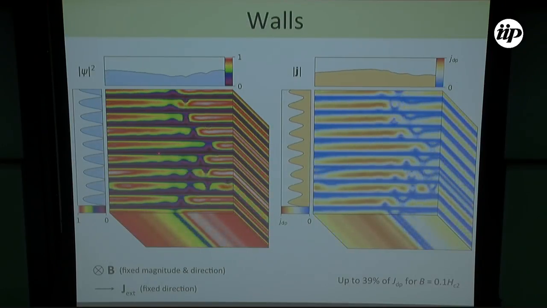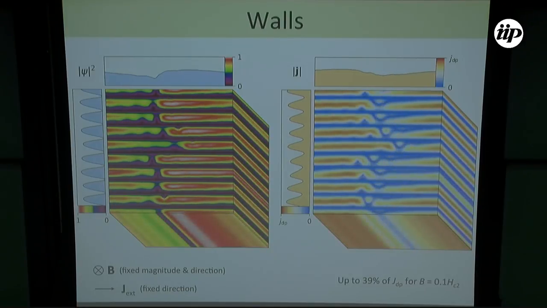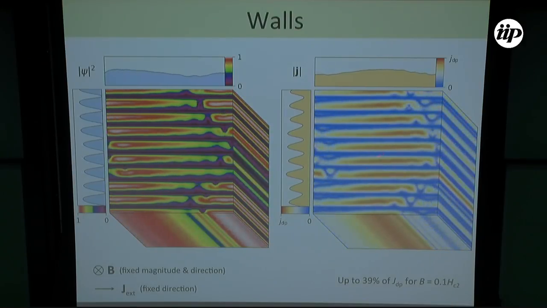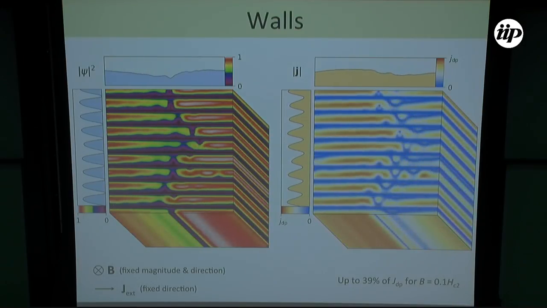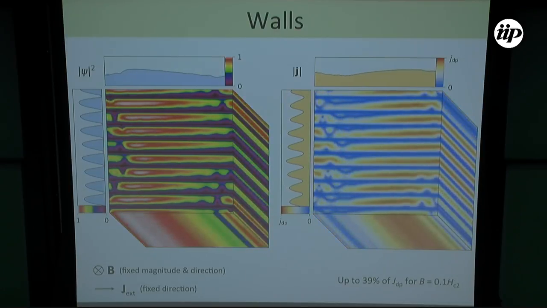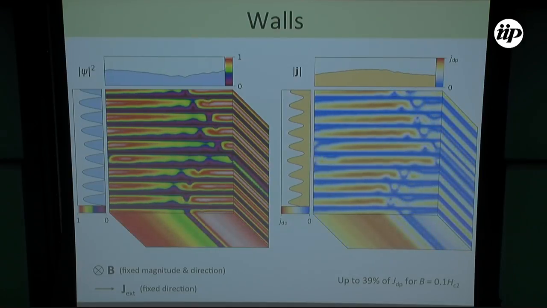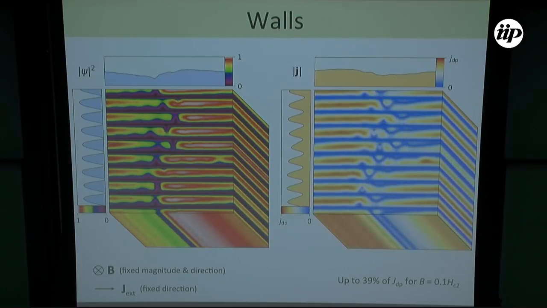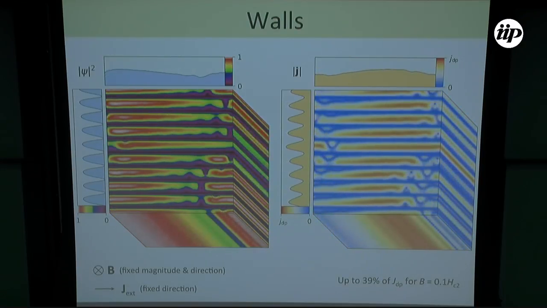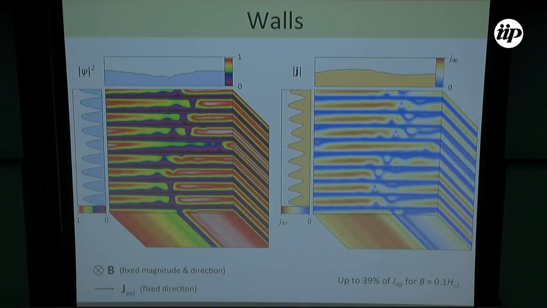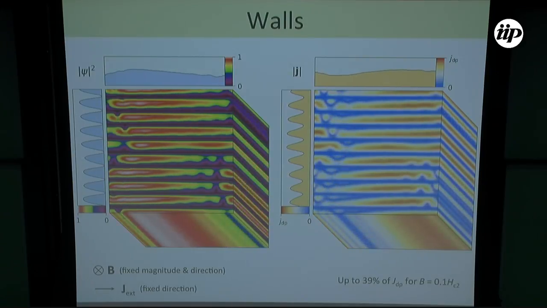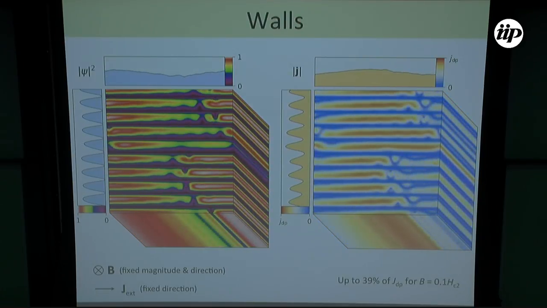This is psi squared, the density of the order parameter, and this is the absolute value of the critical current in the optimum. We see the collective effect of the pinning in here, and this is the source of the relatively large critical current, which is now about 40% of the depairing current. So it's twice bigger than columnar inclusions.